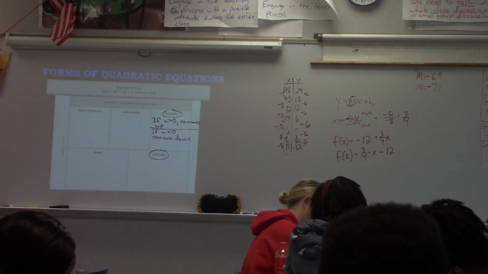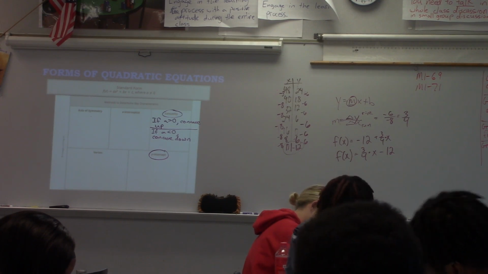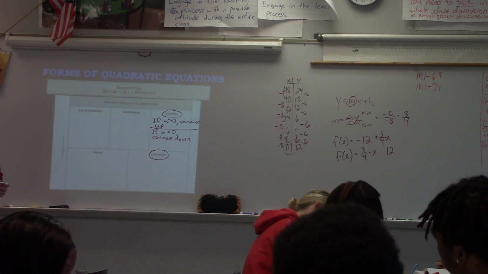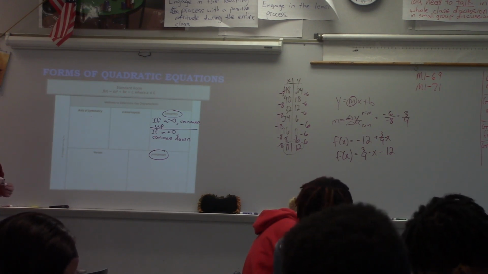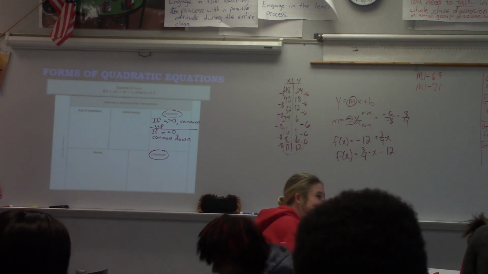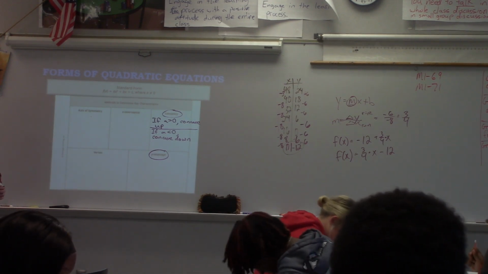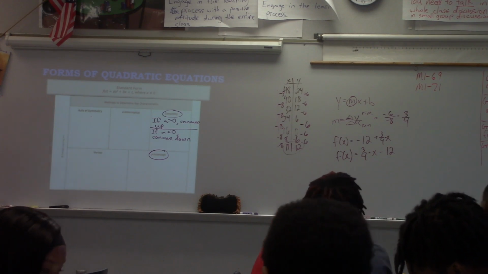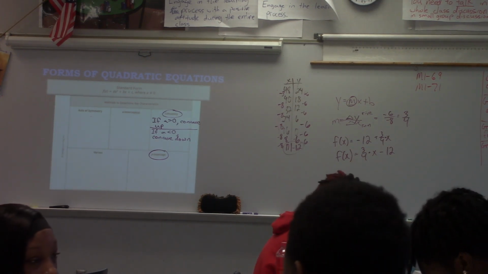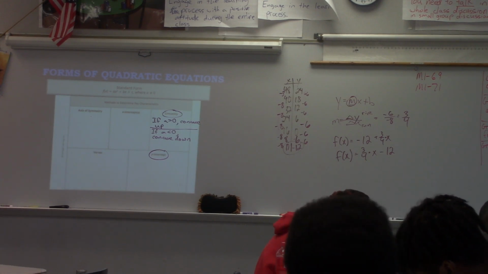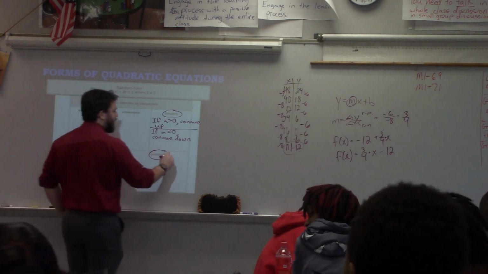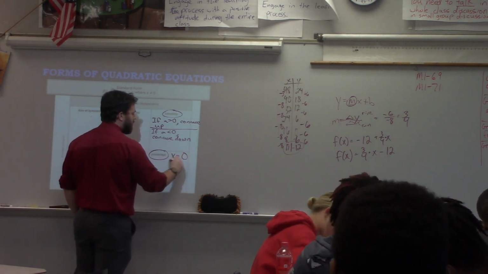What do we know about the y-intercept? Hey, let me ask this. This is a key detail. What should we know about every y-intercept that has ever existed? Not just the parabola or the quadratic. So for y-intercept, x is always equal to 0.